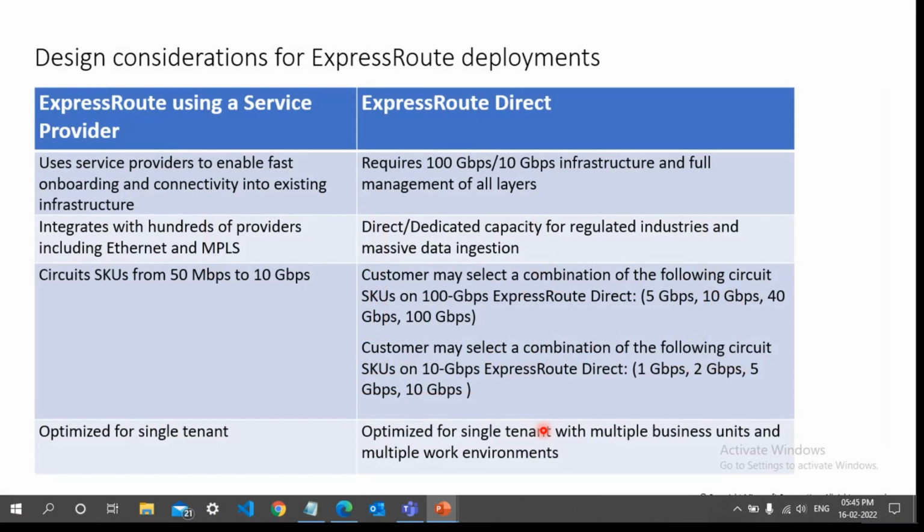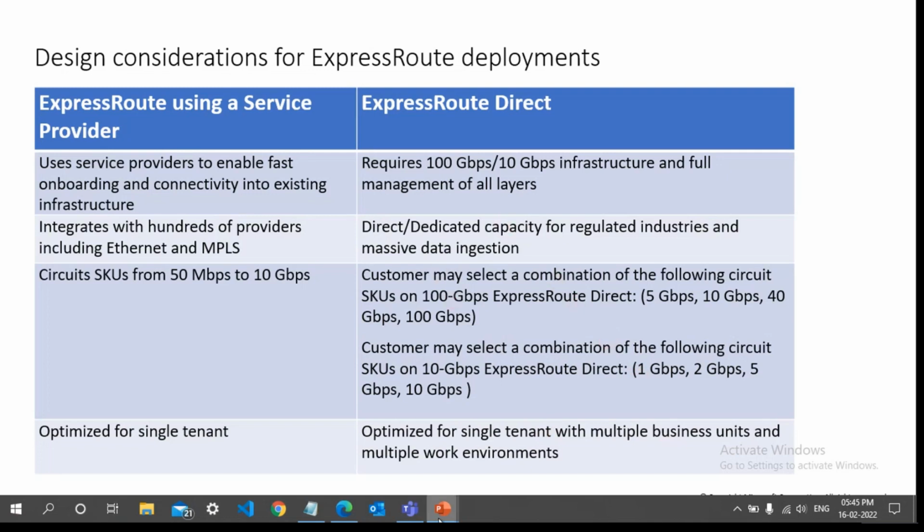And there are also certain design considerations for ExpressRoute deployment, because you need to have strong reasons to lay down an ExpressRoute. So whenever your service requires a fast connection, and you already have an existing infrastructure, you can go for ExpressRoute Direct, which gives you 100 Gbps infrastructure and full management of all layers.